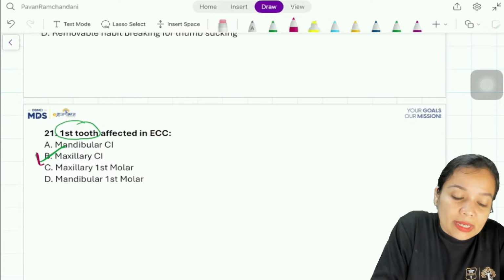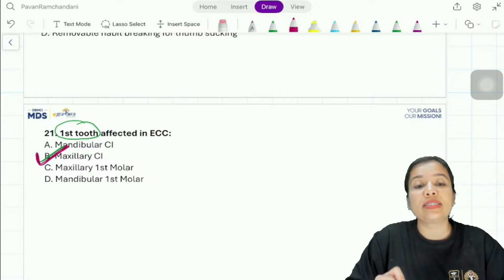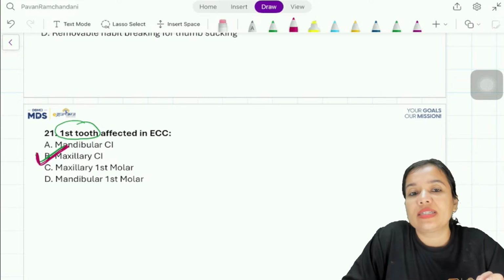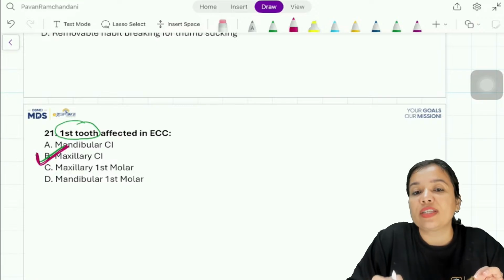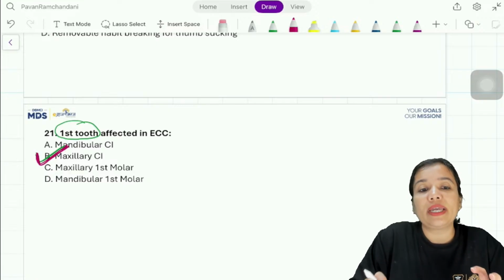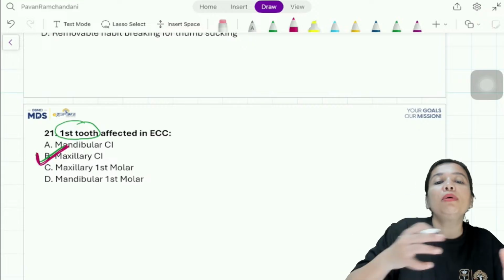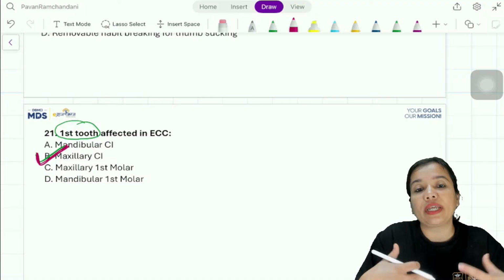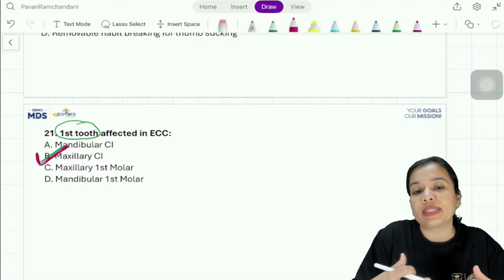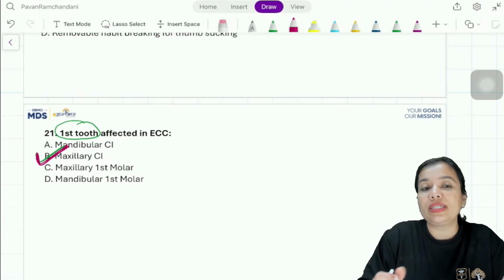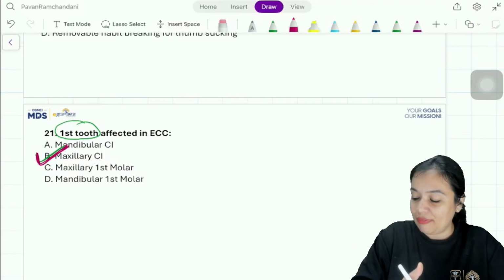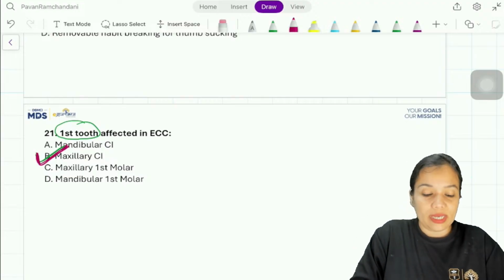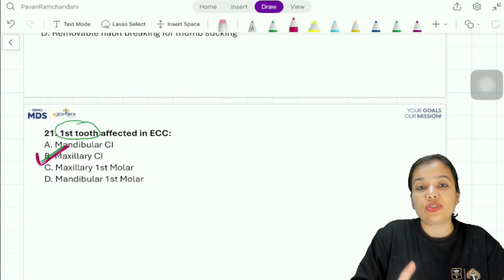Maxillary incisors are typically affected in infants with ECC, followed by the maxillary and then the mandibular molars. The mandibular incisors are frequently spared because of the protective nature of the tongue. So the mandibular incisors are known as the immune teeth of the oral cavity. Clear? So the answer is maxillary central incisors.